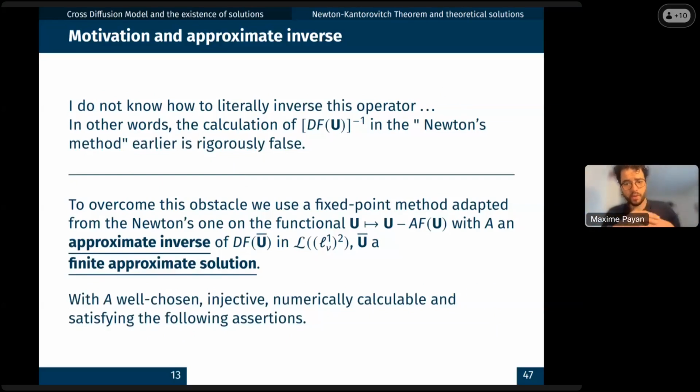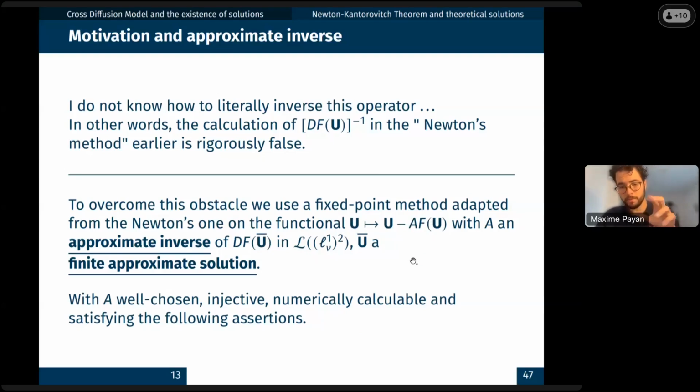Okay. So to continue to get some conclusions, we will change this functional of the Newton's method a little bit and apply a fixed point argument on the new functional, where we replace the inverse of the differential of f by an infinite matrix A that approximates the inverse of the differential at a finite approximate solution, and with A injective, of course, because otherwise a fixed point of it will not be a zero of f, if A is not injective.